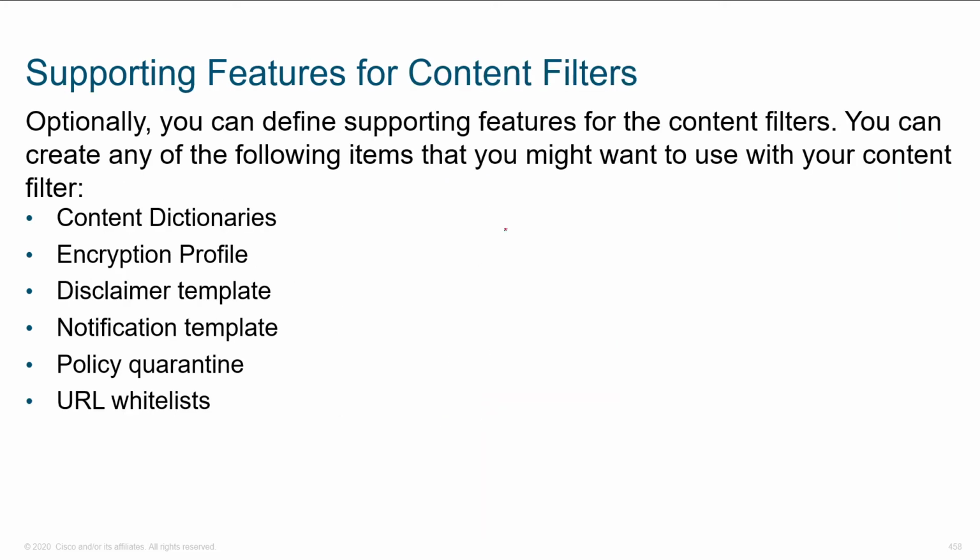So additionally, we can define what's called supporting features for content filters. It gives us the capability to dig in a bit deeper. Those supporting features include content filters, encryption profiles, disclaimer templates. We've all seen those. Notification templates. Sometimes it's things like notification, very similar to the disclaimer, where it's a zero expectation of privacy. All communications are monitored.